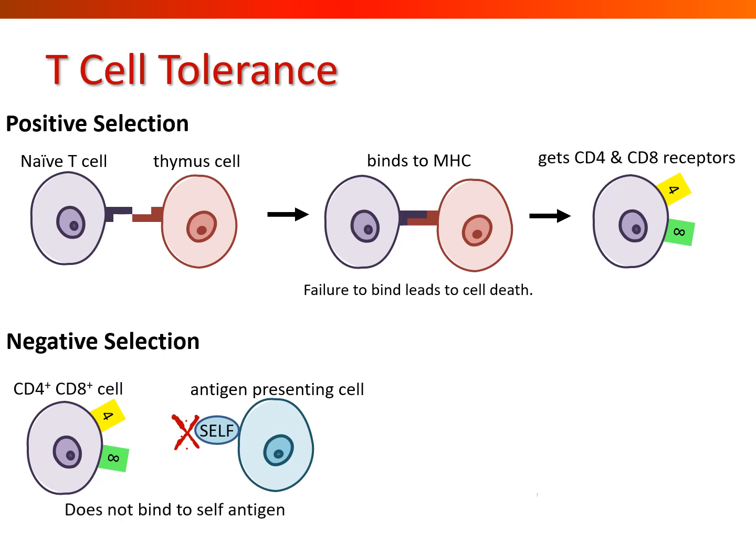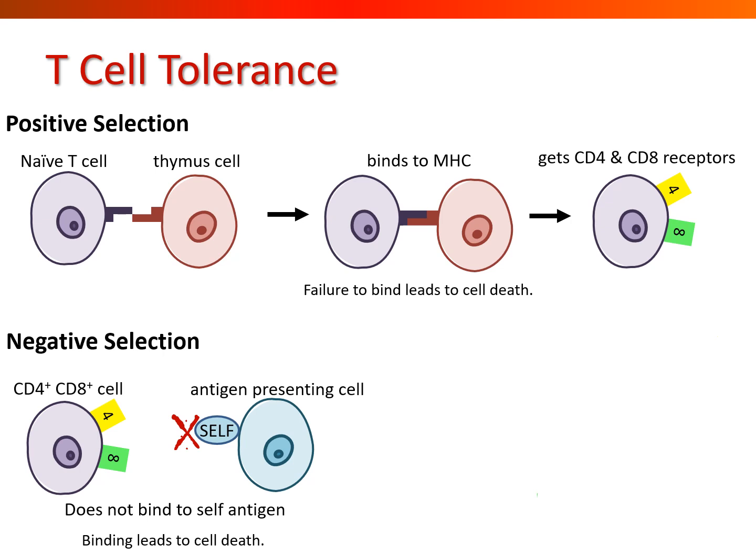So another way that we could say that is that when this naive T cell does not bind to self-antigen, that is a pass, because we don't want it to bind to that self-antigen. If it does bind to the self-antigen and it gets stimulated by that, that is a fail, and this T cell will be killed.